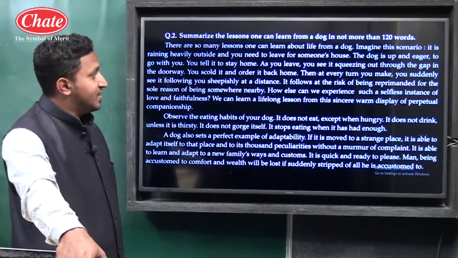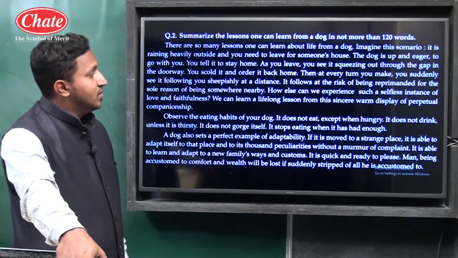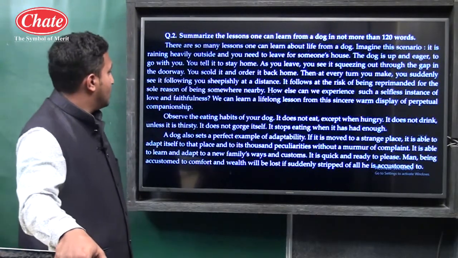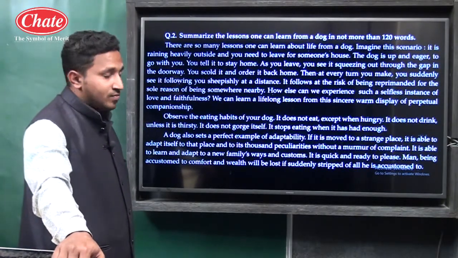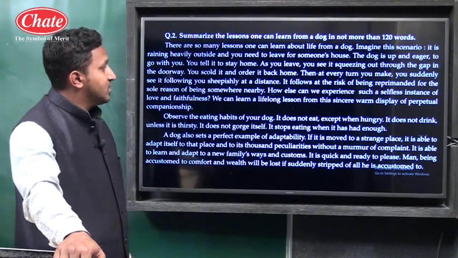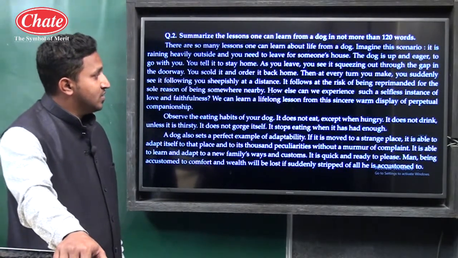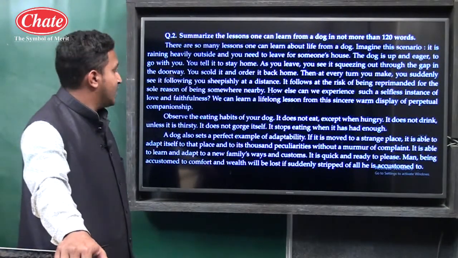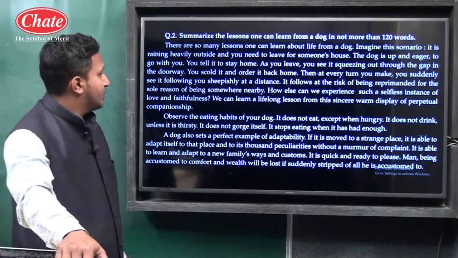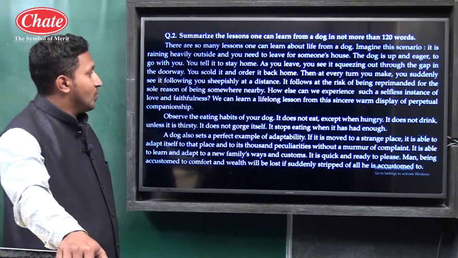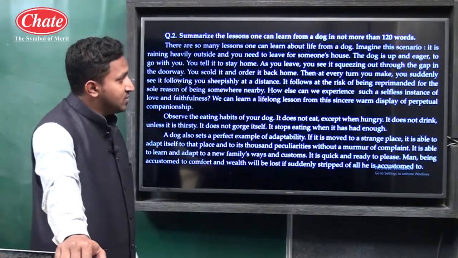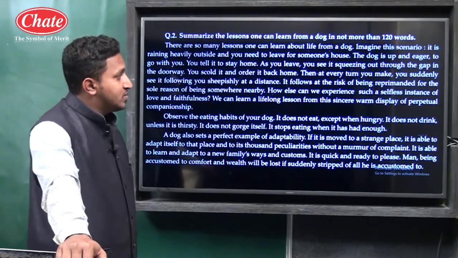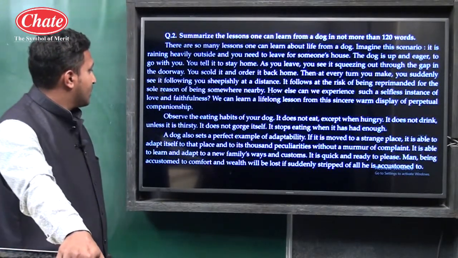It follows at the risk of being reprimanded for the sole reason of being somewhere nearby. How easily can we experience such a selfless instinct of love and faithfulness? We can learn a lifelong lesson from this warm display of perpetual companionship.